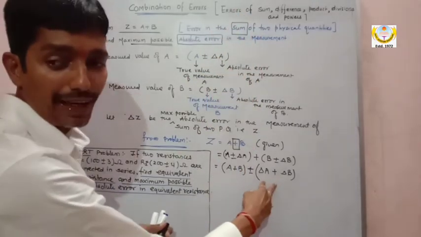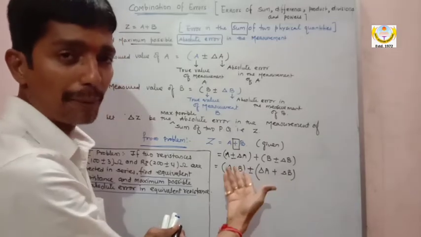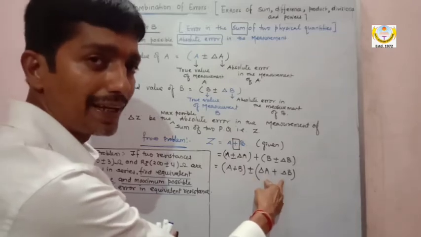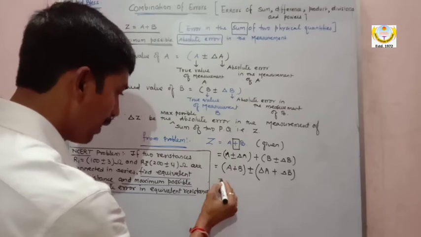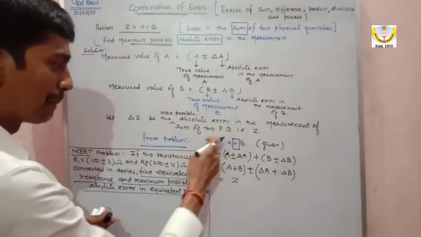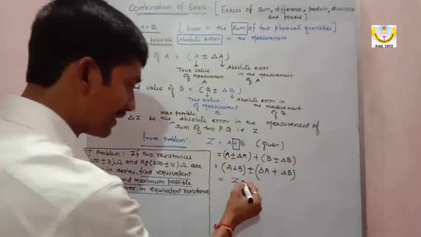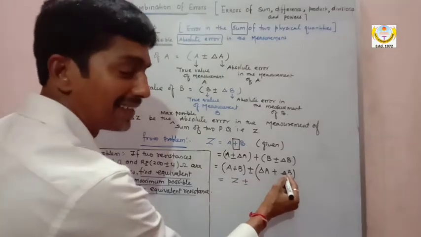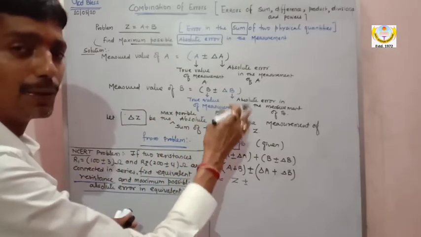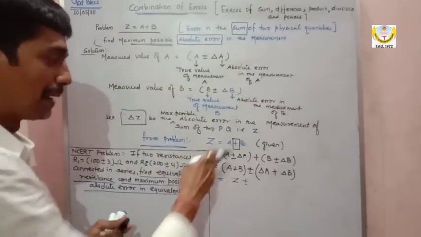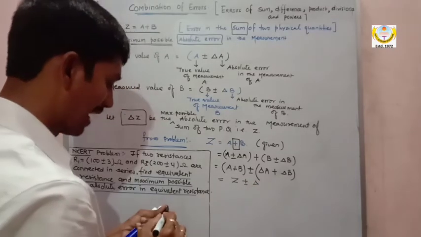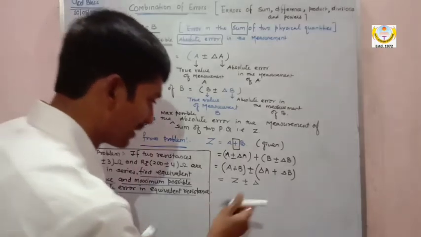So when I add the absolute errors delta A and delta B, my dear, no doubt the absolute error is plus and minus, so I'll put plus minus here, and I added the two absolute errors because it is for a sum. Now you all know from the question, my dear, this A plus B is Z. And this plus minus delta A plus delta B, I told you, let delta Z be the maximum possible absolute error in Z, in the measured physical quantity Z. So my dear, here this will be plus minus delta Z. Here the answer is plus minus delta Z.